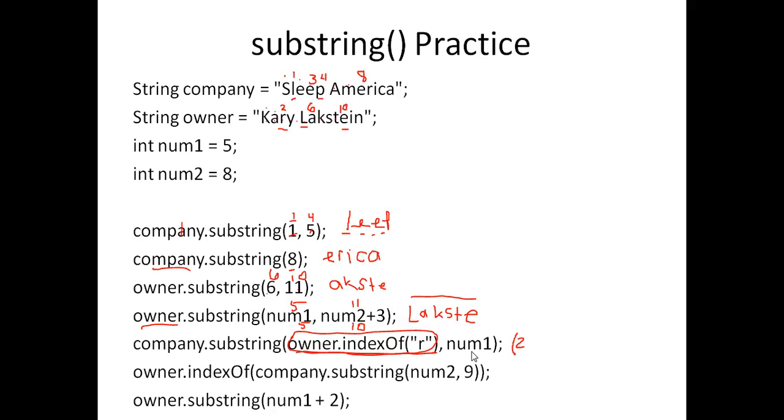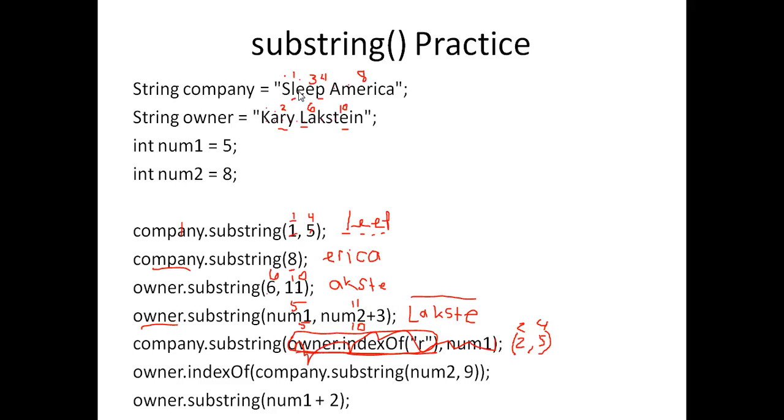So you're going to have a 2. And then num1 has a value of 5. So really what you're looking for is the following. We can take all this out and replace it with 2, 5. So company.substring 2, 5. So we're looking in the company variable, and we're going to start at 2, and our last character is going to be at 4 because it's 1 subtracted from there.